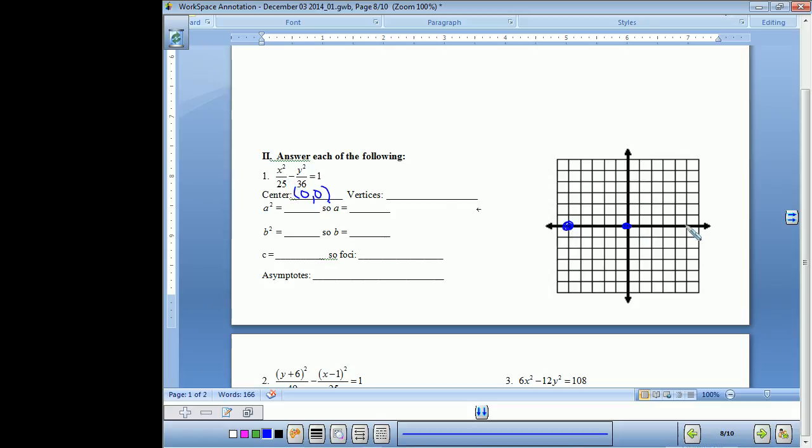Those are my vertices, 5 in either direction. So my vertices are plus or minus 5, 0. And I got that because a squared was 25, so a would be 5. b squared is 36, so b is 6. Okay, let's go ahead and go up 6 and down 6.